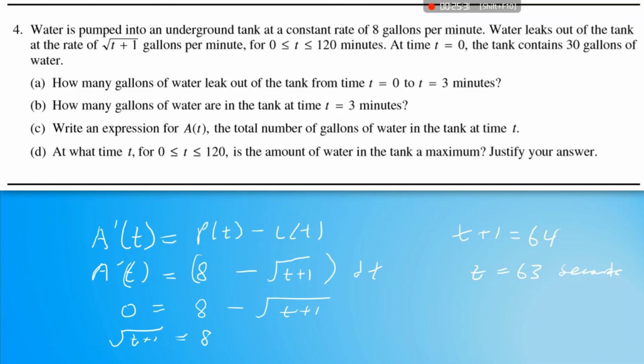So which test could we use? Do you want first derivative test or second derivative test? First. Okay, first, that's fine. So with the first derivative test, I'm going to plug in values around 63 into our first derivative, which is here.